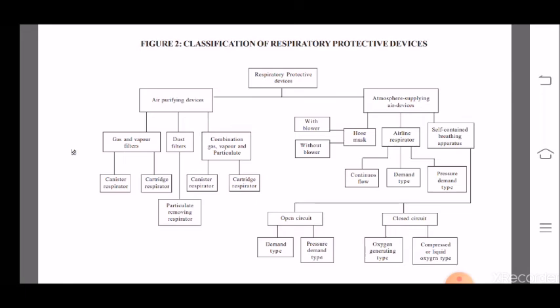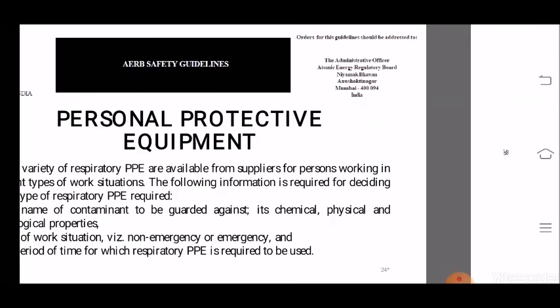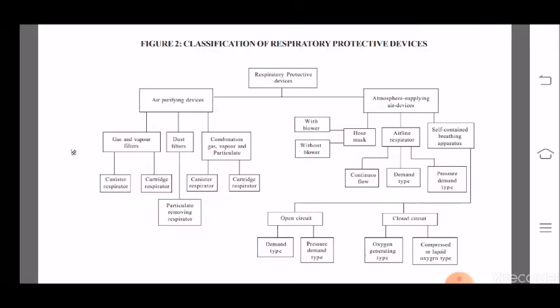The classification is also available in AERB guidelines, which is you may have respiratory protective device of two kinds: air purifying devices and atmosphere supplying air devices. In air purifying device, protection against gas and vapor by using filters, protection against dust, protection against combination of all.